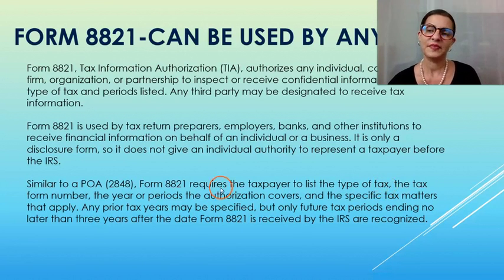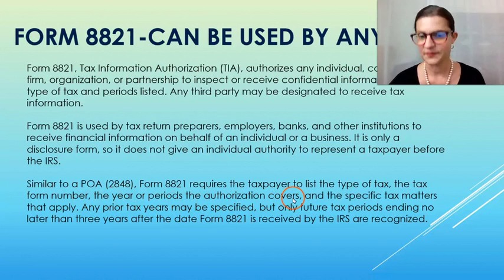Okay? Now, in terms of the information on the forms, it's similar. A 2848 and an 8821 both require the taxpayer to list the type of tax, the tax form number, the year or periods that the authorization covers, and the specific tax matters that apply.